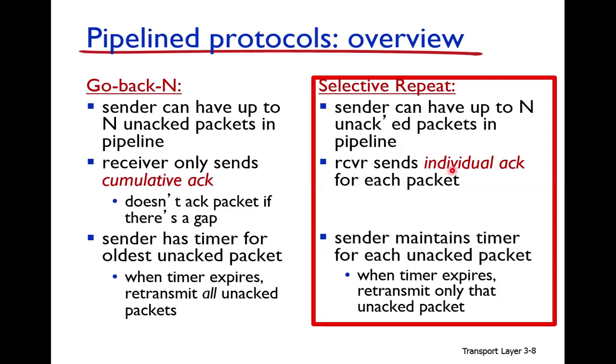Second, the receiver sends an individual acknowledgement for each packet. If the receiver receives packet number 1, it will send acknowledgement number 1, which means only packet number 1 was received correctly. It says nothing about packet number 0. So this is individual acknowledgement, acknowledging one packet at a time.